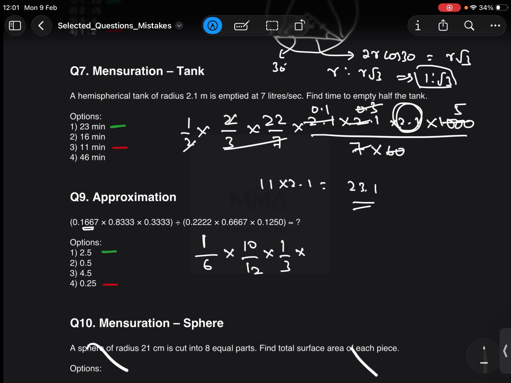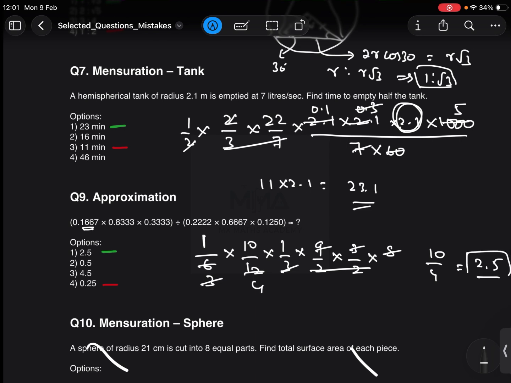So this is 2 by 9, so you are going to write 9 by 2. This is 2 by 3, so you're going to write 3 by 2, and this is 1 by 8, so you're going to write 8 by 1. So this is 4 2s are 8, and 3 3s, and this gets cancelled, 3 4s. So you're left with 10 by 4, and that gives you 2.5.